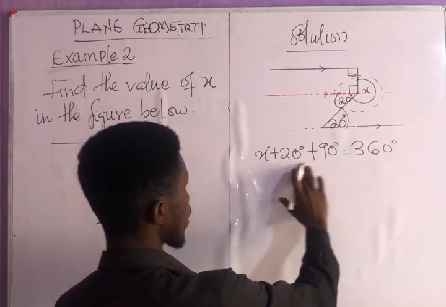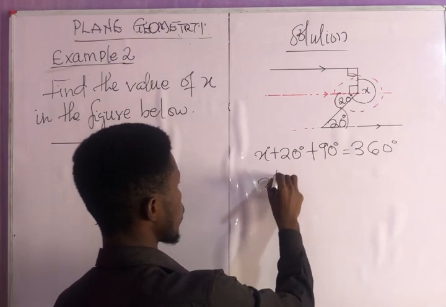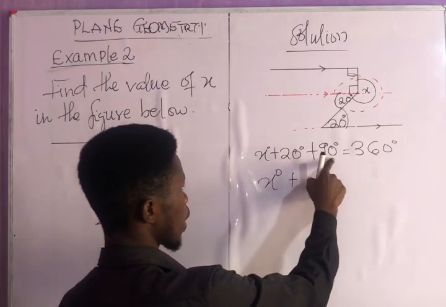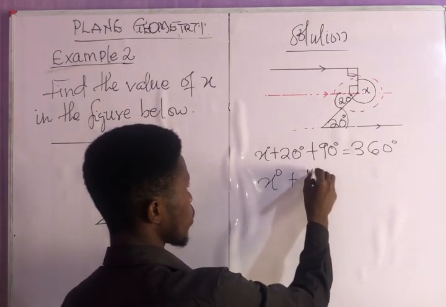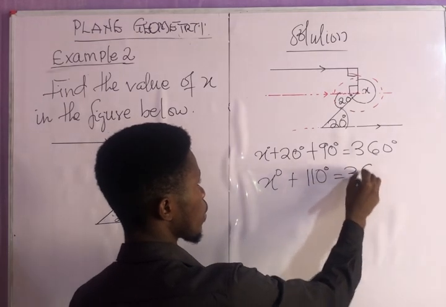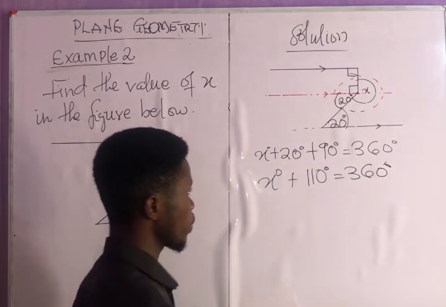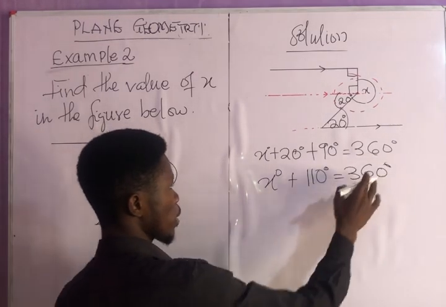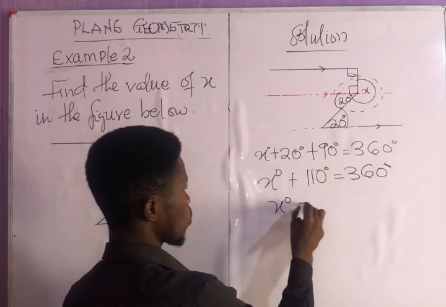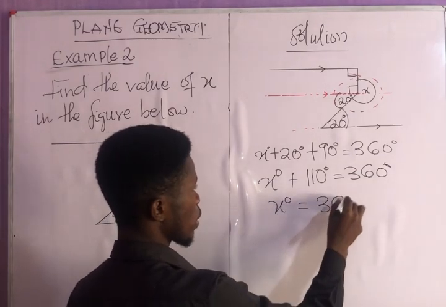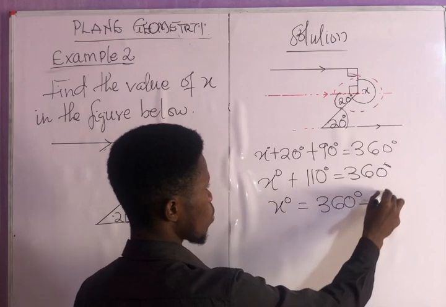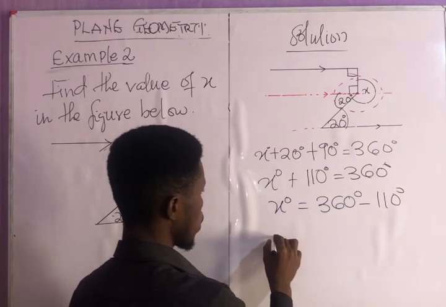So looking at this, you have X degrees plus 20 plus 90, which is 110 degrees, equals 360 degrees. Taking the additive inverse, we have X degrees equals 360 degrees minus 110 degrees.